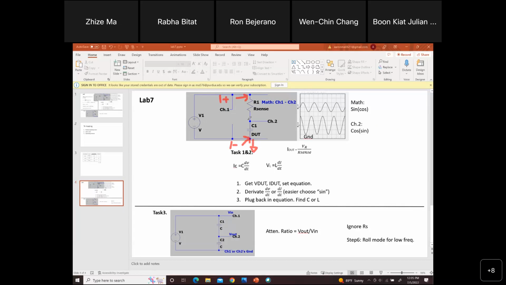Then you need another probe here, let's call it 2 plus, and then you need the math function to subtract those two probes to get the voltage across RSense. So that's the difference between single-ended and differential. The differential one is easier for this kind of measurement, because you can just use one channel. If you only have a single-ended probe, you need two probes at these two points, and then use the math function to get the differential value.